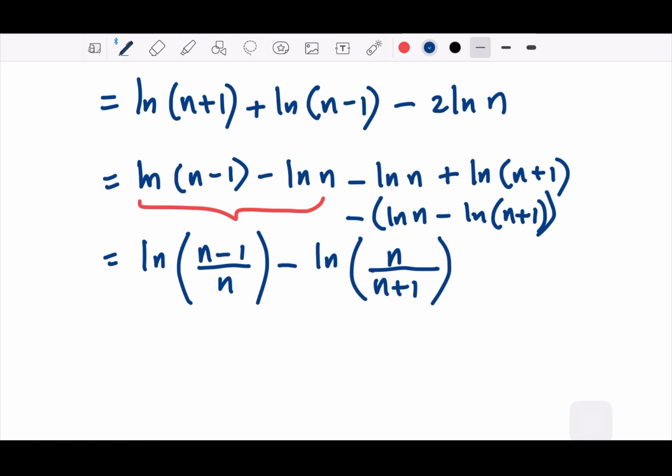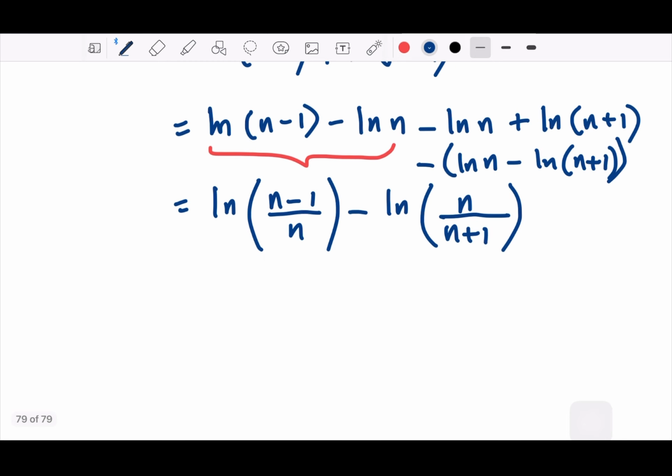Let's say we have 3. This becomes 2 over 3, 3 over 4. That's 4, it becomes 3 over 4. There are some patterns that have the same numbers in each end. Okay? So let's try to take on the subject of the series itself.